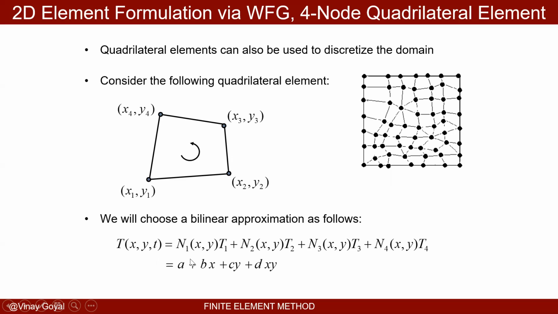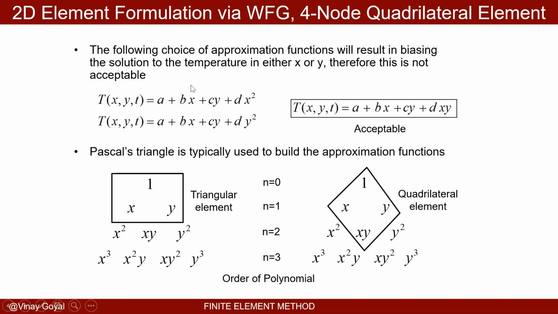I want N1 to be 1 at this node, but 0 at all the other nodes. I want N2, N3, and N4 to also be 0 at node number 1, so that when I plug in X1 and Y1 here, I get temperature 1. And that's all I get, times 1 here for N1. And we can do that following the same procedure we talked about.